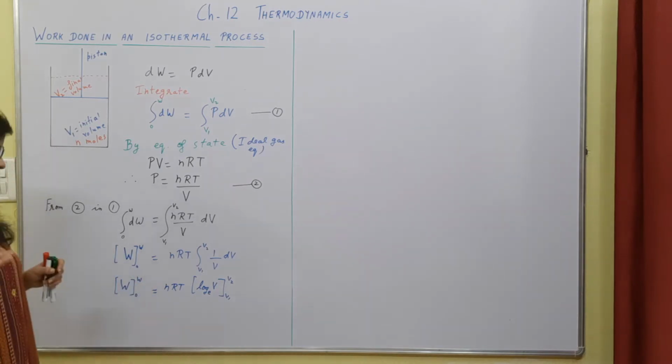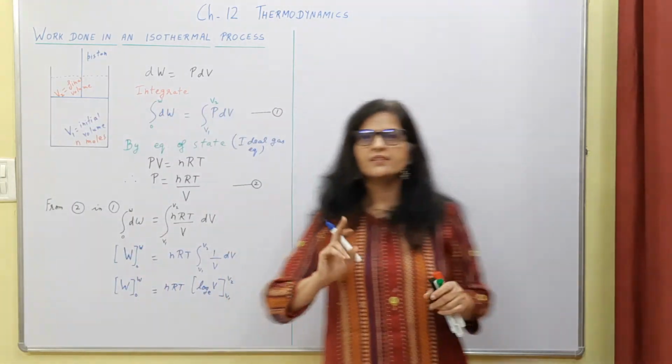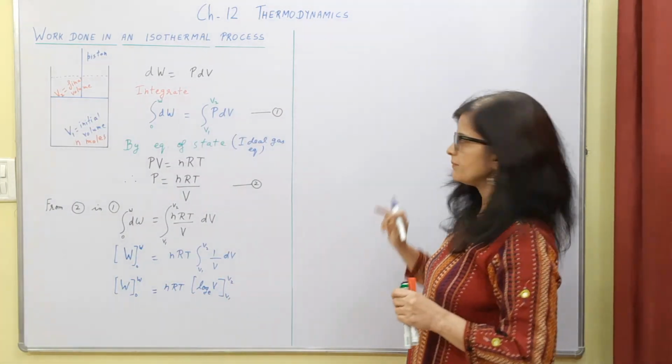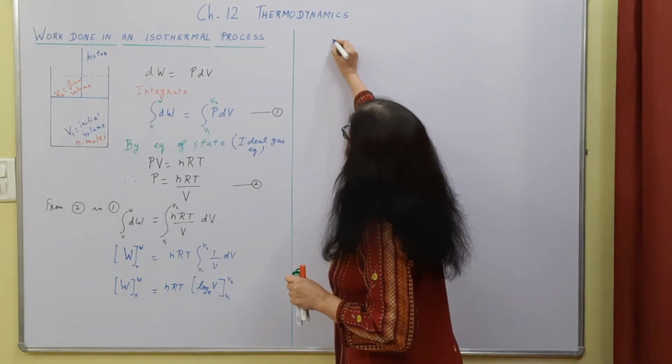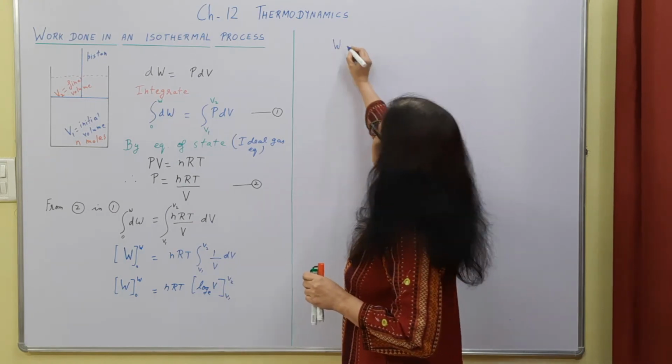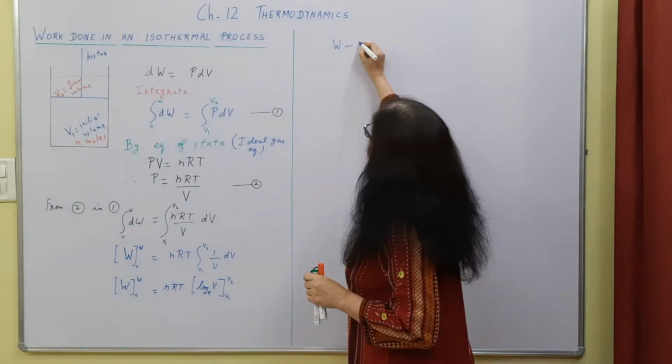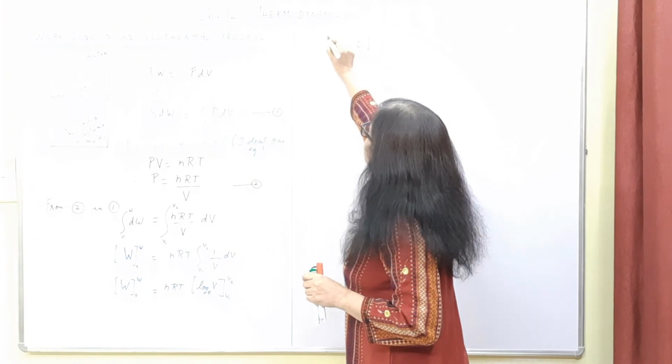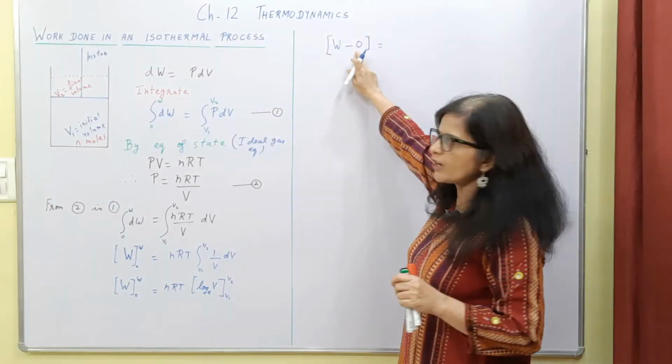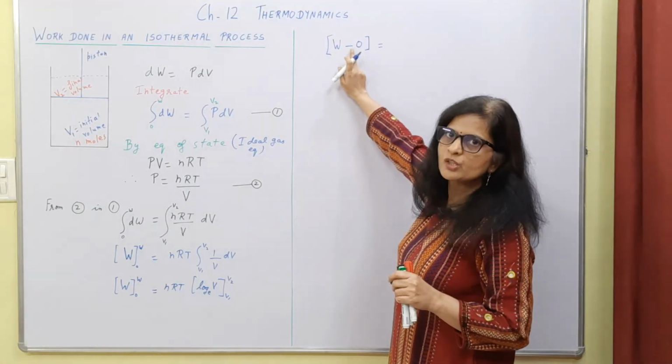So for both the sides I am putting the limits. We know that upper limit minus lower limit has to be done. So for W I am writing the upper limit, minus for W I am writing the lower limit. So in place of W I have placed the higher limit minus lower limit.